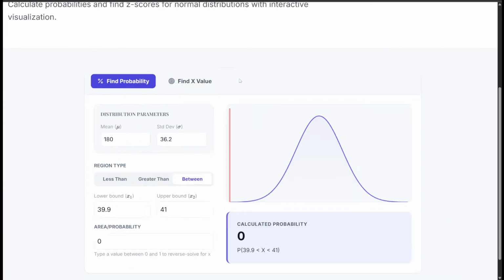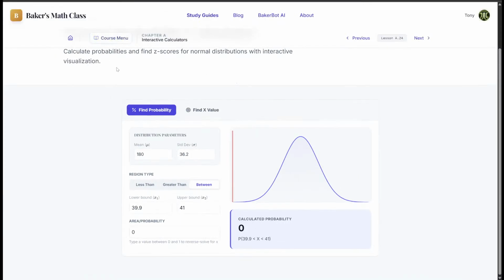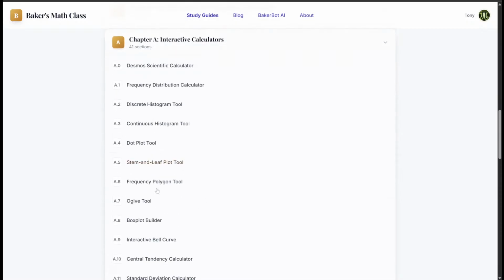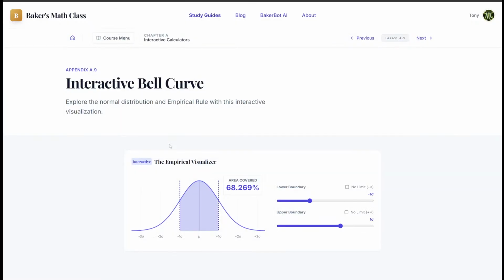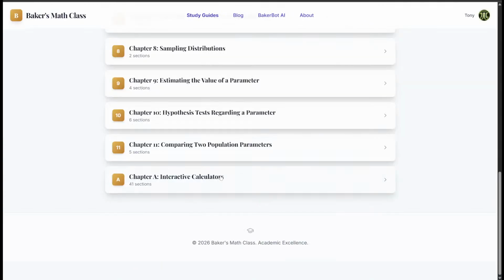Actually, you know what? For this one, it's better to use the other calculator. Nope, not going to help me.